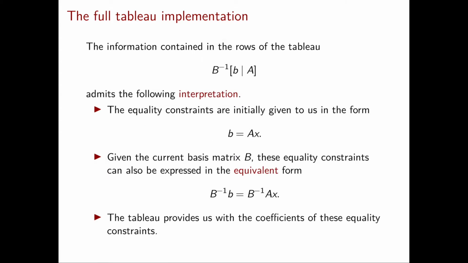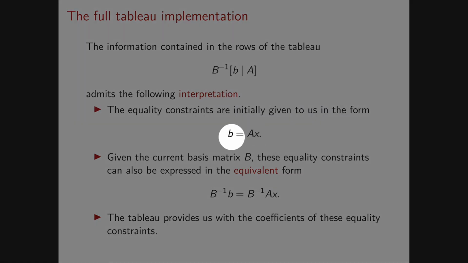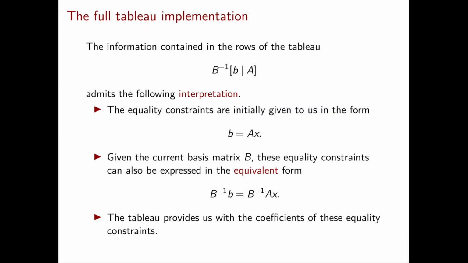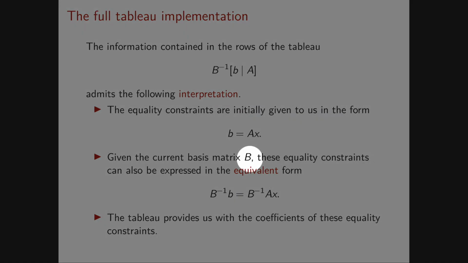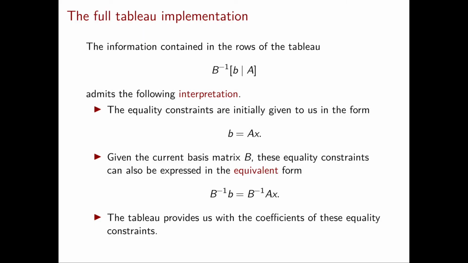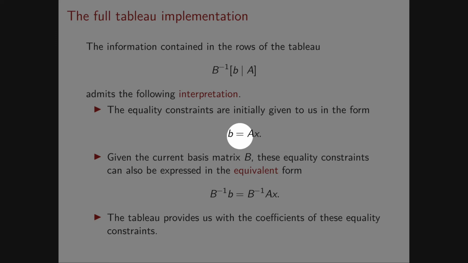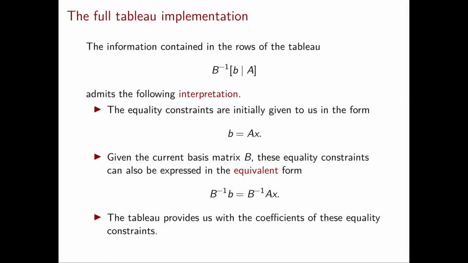Next, we're going to see a very useful interpretation of the full tableau. Remember that in our original linear programming problem, we're given the equality constraints Ax equal to b. Now pick our current basis matrix B, which we know is invertible, and multiply the system of equations on the left by B inverse.